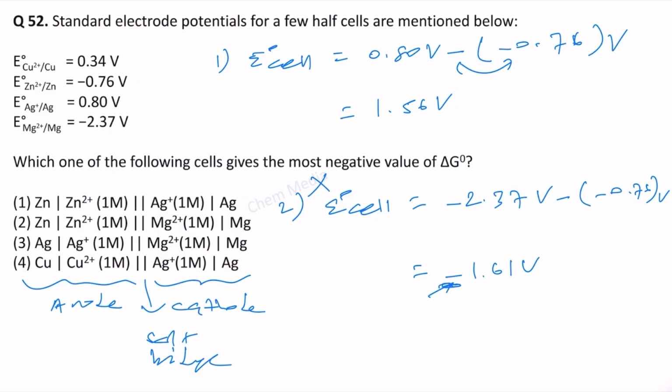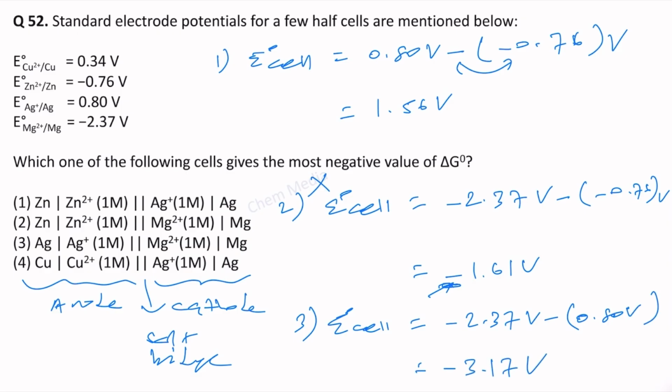So it is non-spontaneous. And then number 3, E cell standard is equal to cathode minus anode. So once again minus 2.37 volt minus 0.80 volt. Therefore this will be equal to minus 3.17 volt. And then for number 4, it would be E cell standard equal to cathode minus anode.